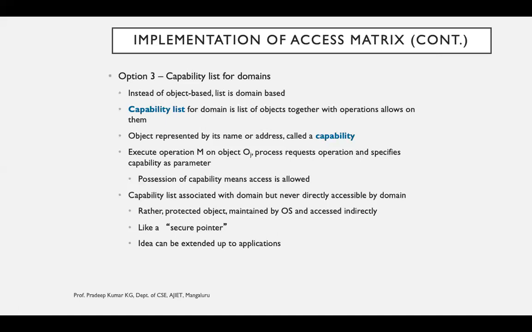So one particular domain cannot interchange or look after any other objects. Whatever list is prepared, the domain should act based on that list. On the other hand, it is a protected object, maintained by the operating system and accessed indirectly. We can say it is nothing but a secure pointer.